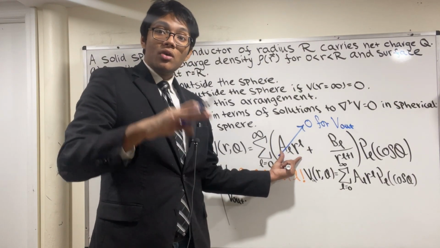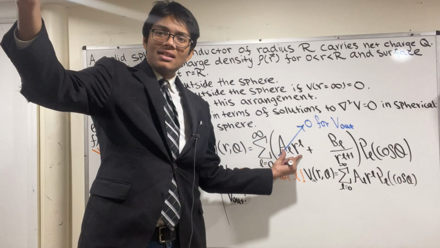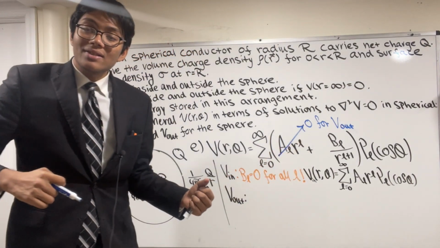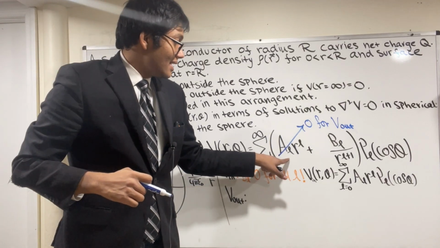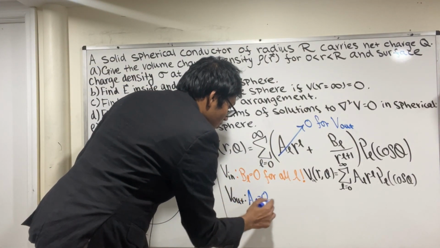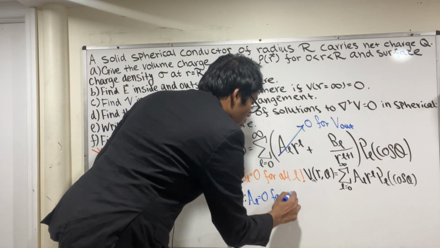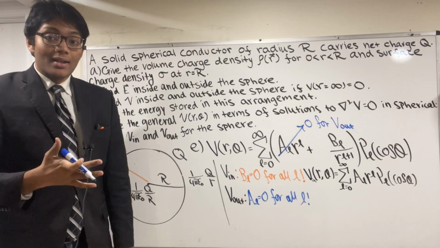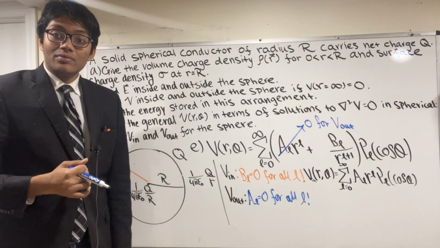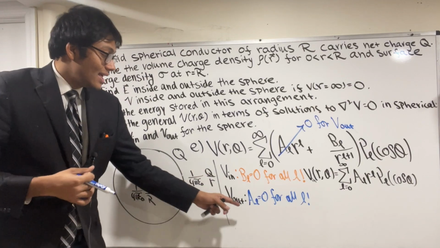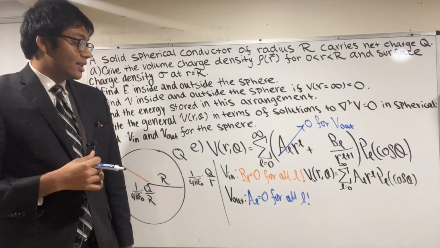It's just going to keep growing. We don't want the electric potential to be infinity, and hence we're going to make A sub L equal 0 for all L. There's a reason I'm spending so much time explaining why B sub L has to be 0 for all L inside, and why A sub L has to be 0 for all L outside.